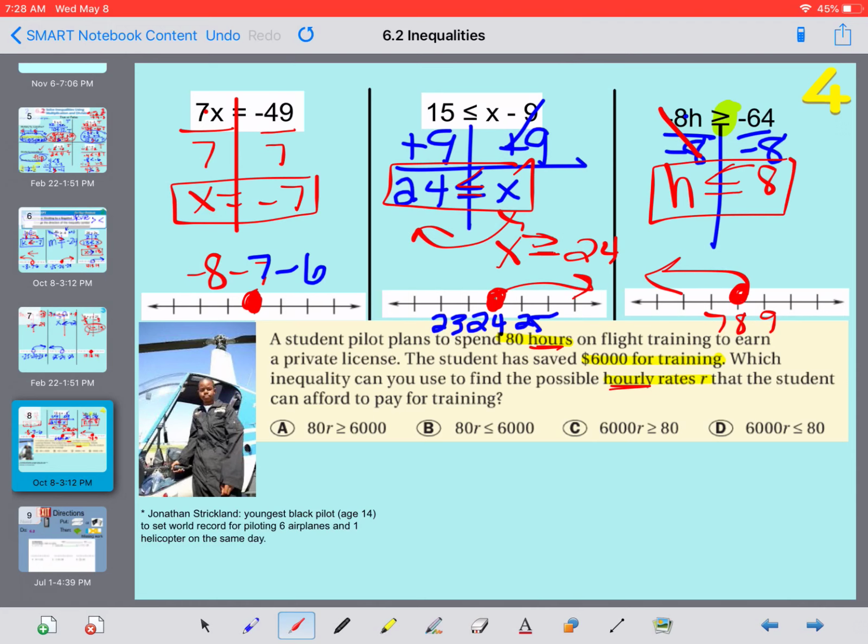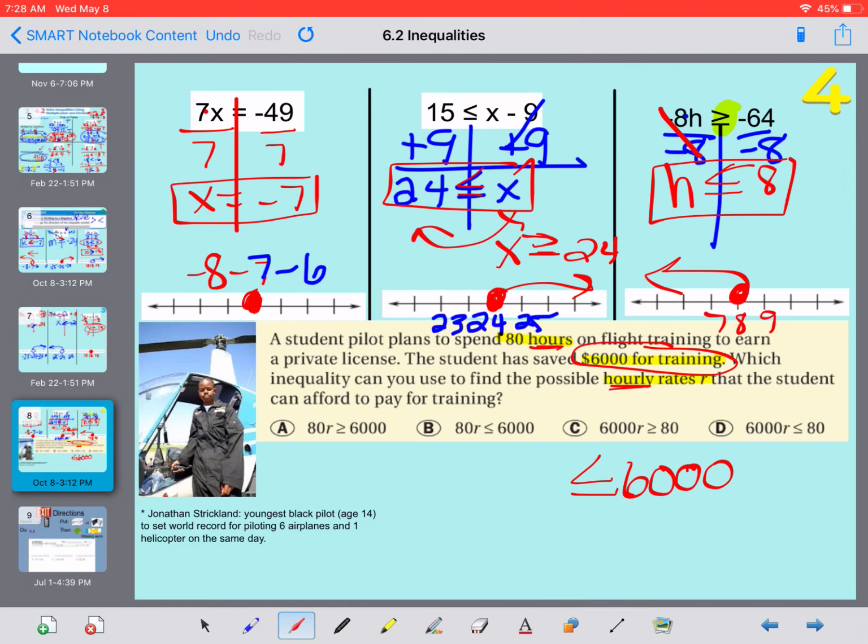So I like to think of this to start off by saying, he has to spend less than or equal to $6,000 because that's all the money he has to spend. So what needs to be less than or equal to $6,000?